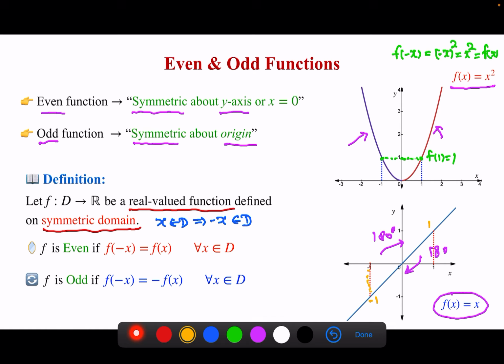So the function is an odd function. If neither of these conditions holds, meaning the function value at minus x is not equal to the function value at x, and the function value at minus x is not equal to minus of f(x), meaning the negative of the function value, then the function is called neither even nor odd.